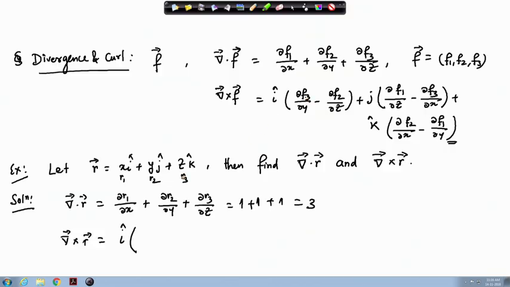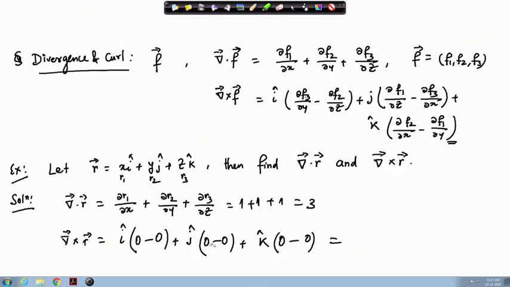Our r3 is z, so del del y of z is 0, minus, r2 is y, so del del z of y is again 0, plus j times, r1 is x, so del del z of x is 0, minus, r3 is z, and del del x of z is 0, plus k times, r2 is y, so del del x of y is 0, minus del del y of r1, where r1 is x, so this is again 0.